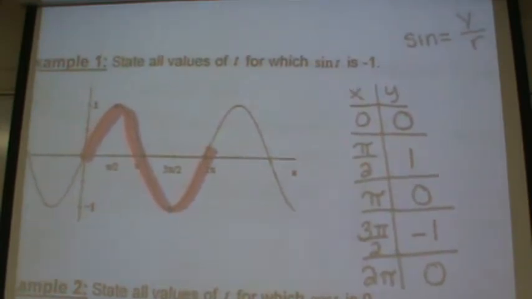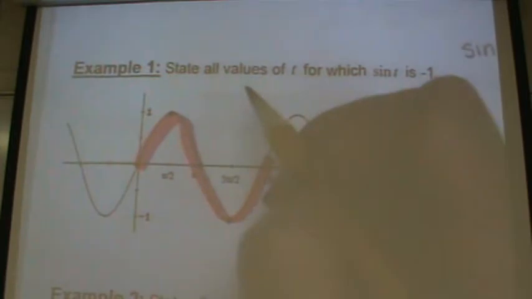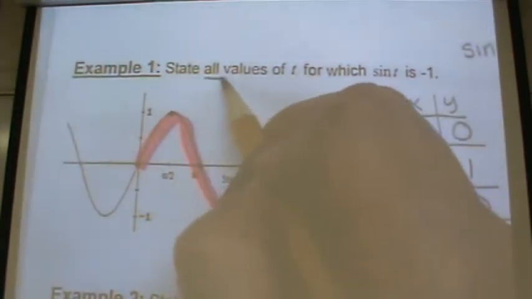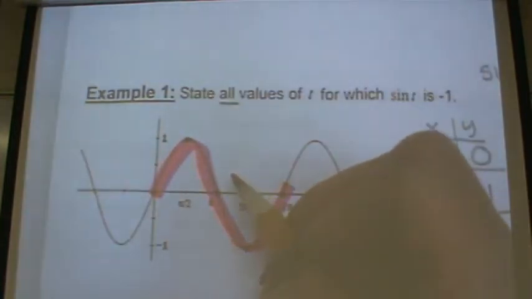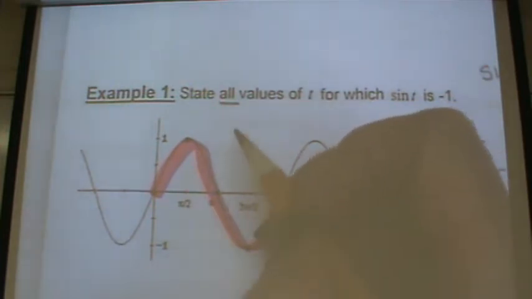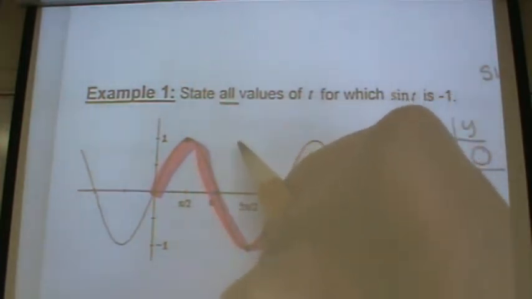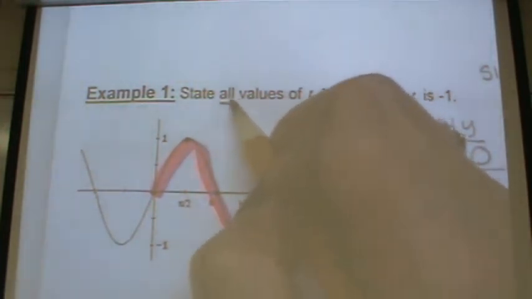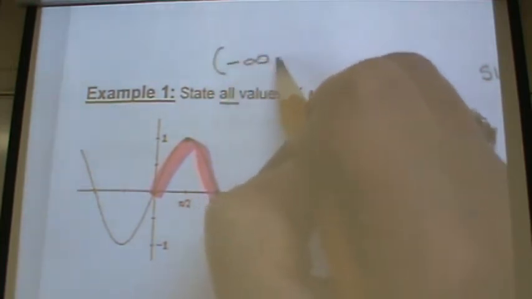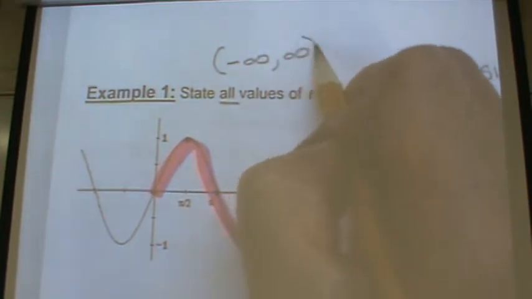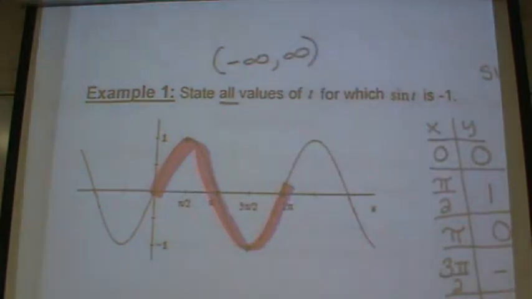So now, this question says, state all. All is an important word. It should be bold, it should be bigger font. The word all means this. That's a very important concept.